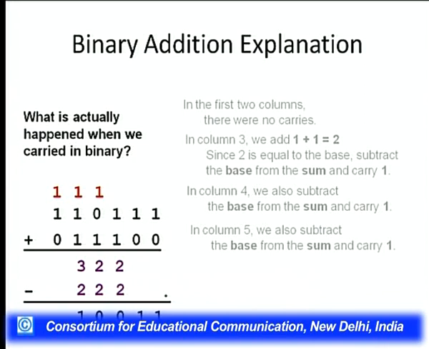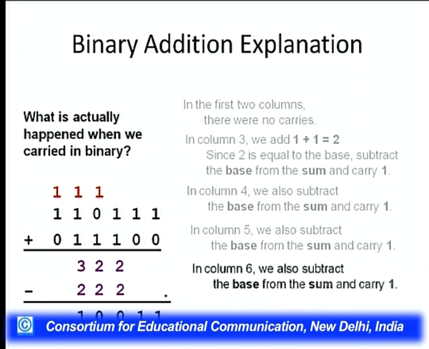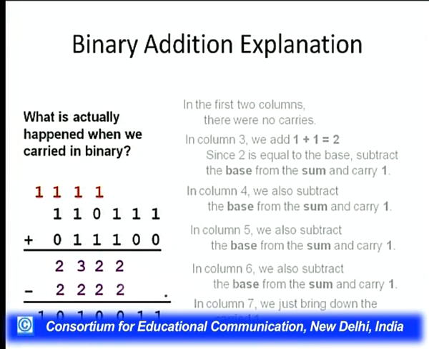Then you have 1 plus 1, the answer is 2, so 2 minus 2 becomes 0 and you carry over 1. In the 7th column there is nothing else, so the 1 is simply brought down. This is how binary addition can be done.